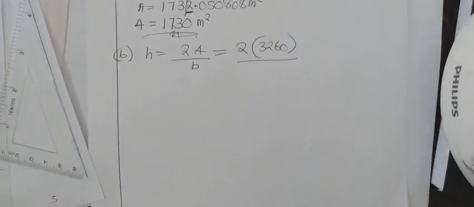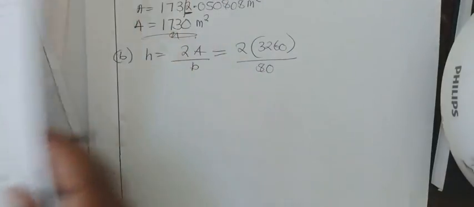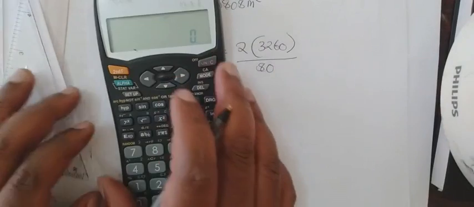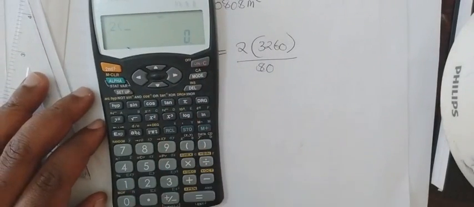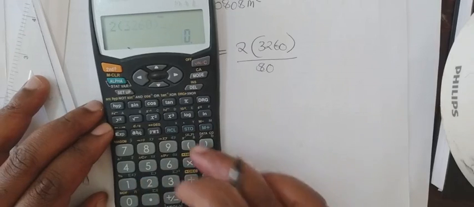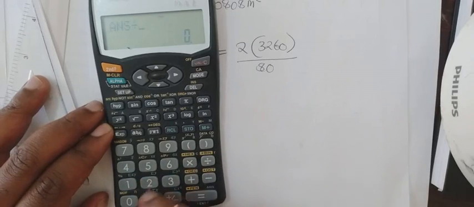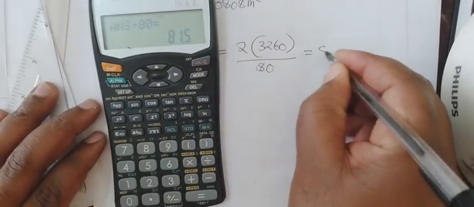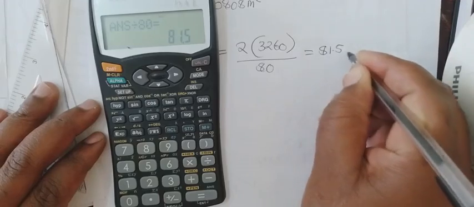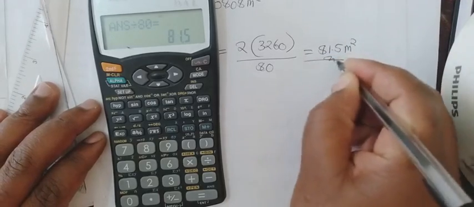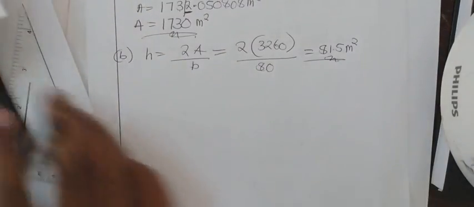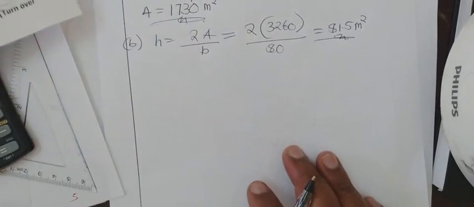So I'll say 2, open the bracket, 3,260 close, divided by 80. What do we get? So the answer is 81.5 meters. That is our shortest distance, and we are done with this part.